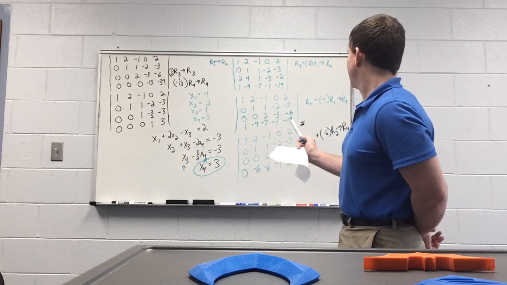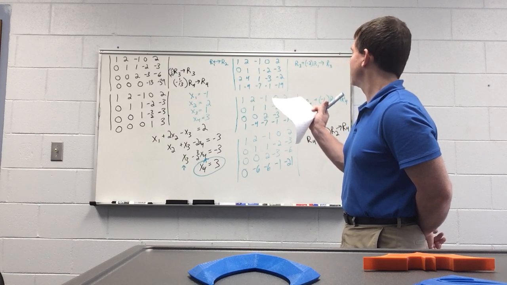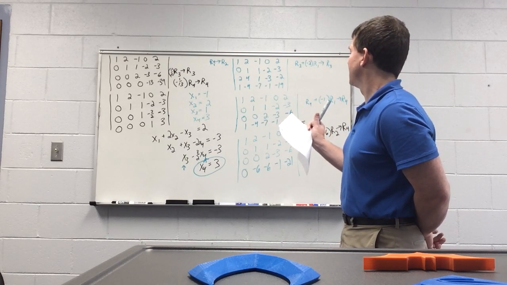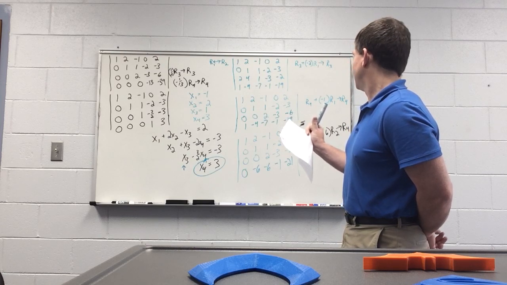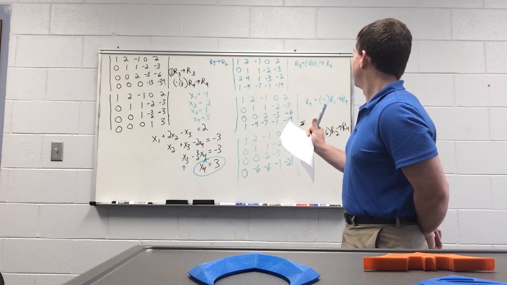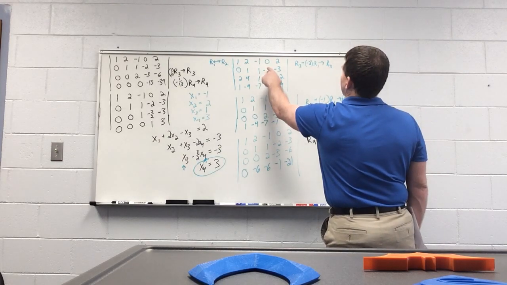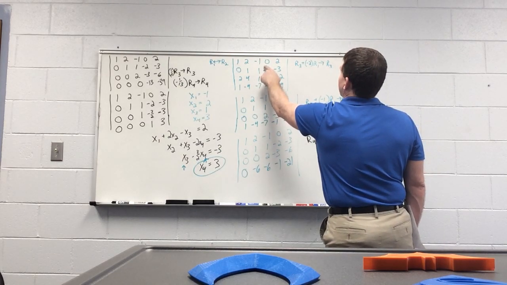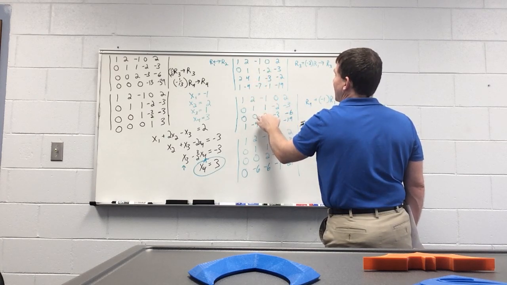Oh, wait a minute. I think I just found it. Negative 2 times r sub 1. 2 plus 1 is 3.